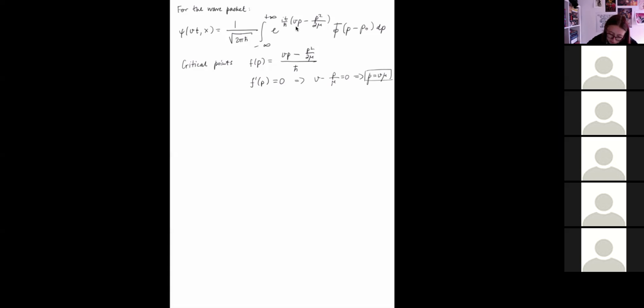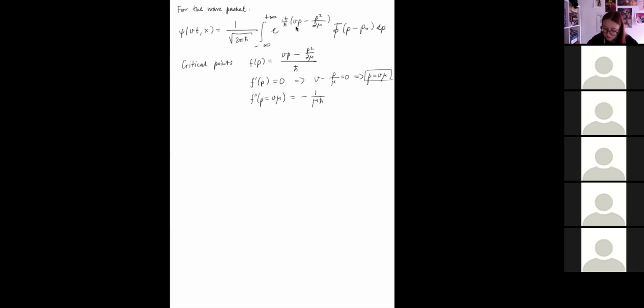It's also non-degenerate because the second derivative at the point p equals v mu is, if we take the second derivative, we get here minus 1 over mu h bar, sorry.